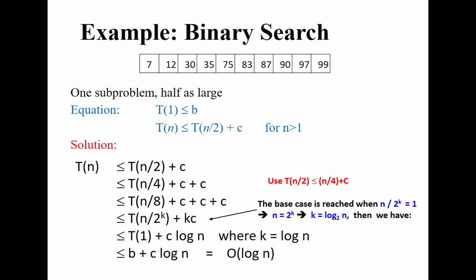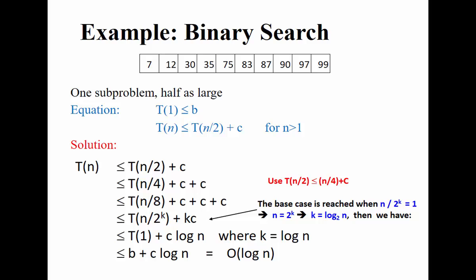We need to solve it. The only thing given to us is the initial condition. What is the initial condition? T of 1 is less than or equal to p. If you remember on the previous analysis, we say, without losing any generality, we assume that n is a power of 2. And we do substitution to end up with the formula of time complexity. To make this argument, n divided by 2 to the power k is equal to 1, to be able to substitute it, because we have the initial condition here.